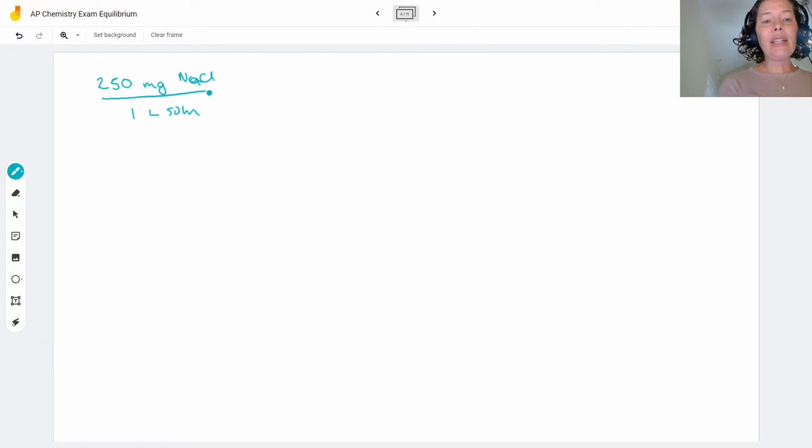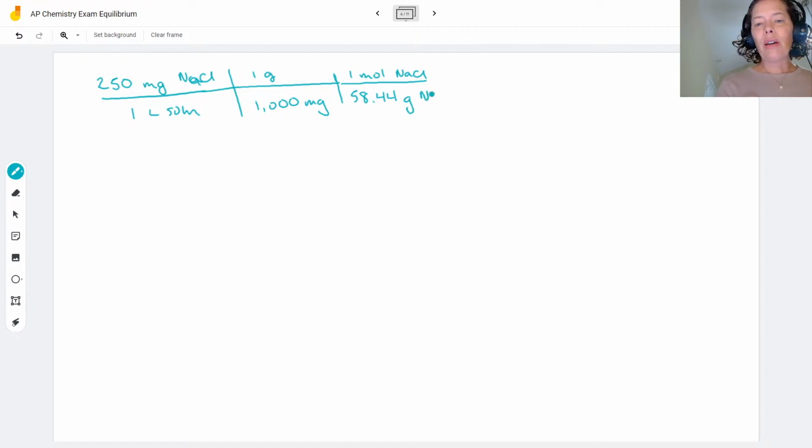Okay, so this is just straight up dimensional analysis. So first what I'm going to do is convert out of milligrams and into grams. And then I'm going to convert into moles. Molar mass here is 58.44 grams of NaCl.